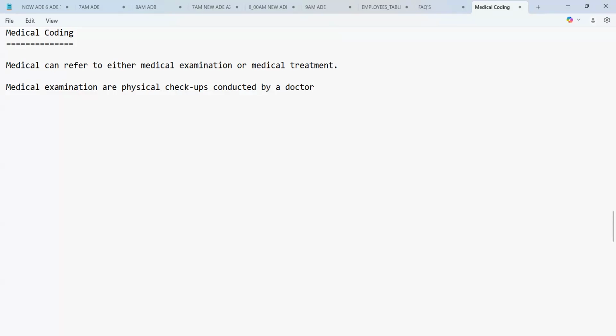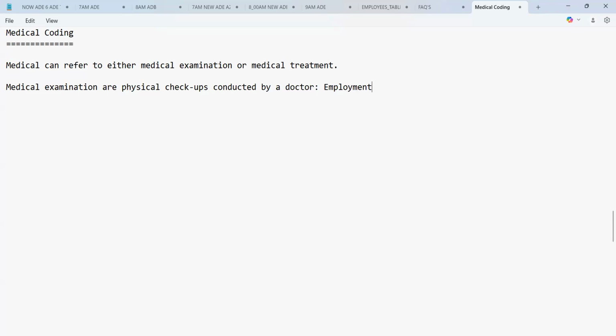So why are medical physical checks needed, guys? Basically, mostly now, for employment. Nowadays, before we get a job, medical examinations will be conducted.